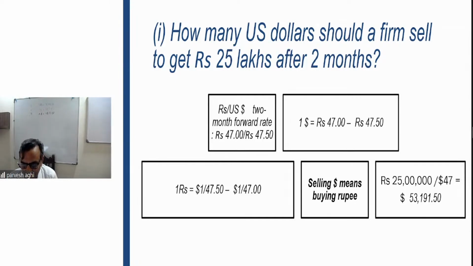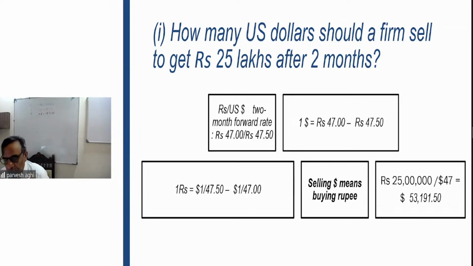When you are selling dollars, it means buying rupees, so you should be looking at the buying rupee quote, which is the ask quote. So 25 lakh rupees divided by 47, and you get 5319. Yeah, you're absolutely right. Okay, so this is the first answer.